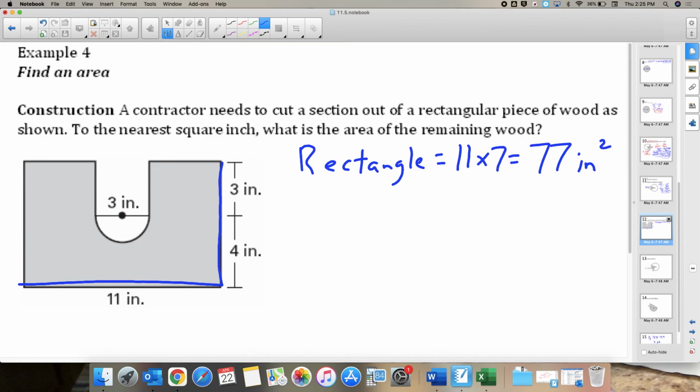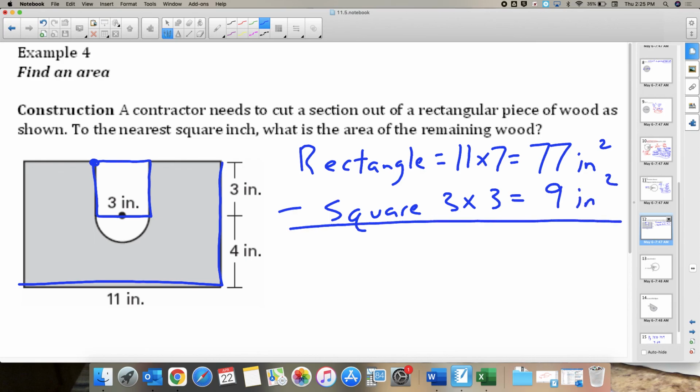Now I'm going to cut two pieces out. First I'm going to cut out the square that's here, my 3 by 3. So I have 9 inches squared that I am cutting out of it. So I am left with 68 square inches.